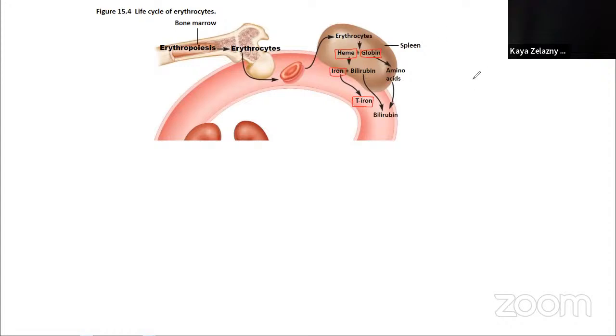Which leaves us with the other parts of the heme and also the parts of the globin to get rid of. So both the rest of the heme, but also the amino acids from the globin are involved in this process where we're getting rid of the rest of the hemoglobin molecule. So our bilirubin and our amino acids are both in our bloodstream.